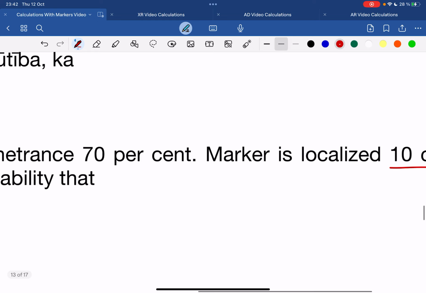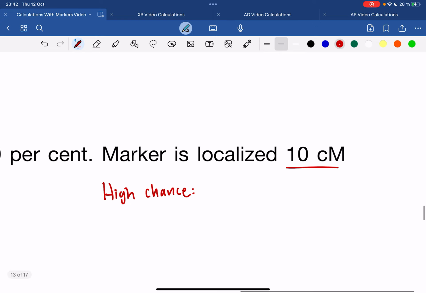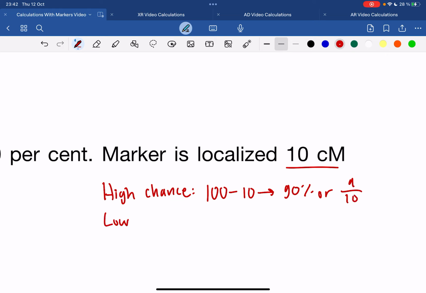So let's immediately write the high chance, which is 100 minus 10, equal to 90%, or 9 over 10, while the low chance is just 10%, or 1 over 10.